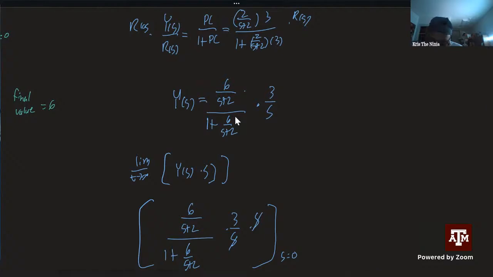So you have 9 over 1 plus 6 over 2. 6 over 2 is just 3. So you have now equals 9 over 4. So that's the final value.